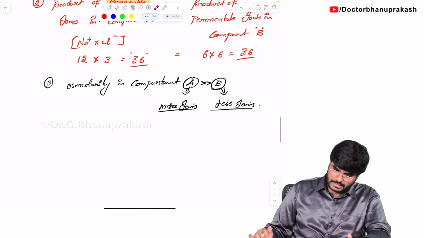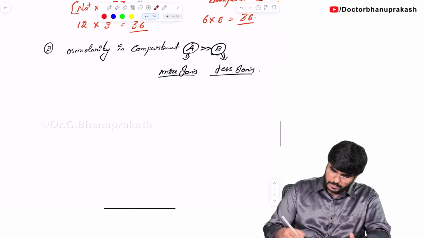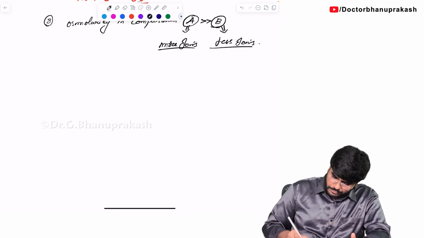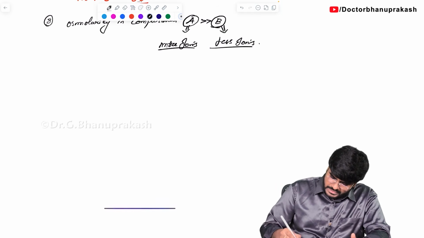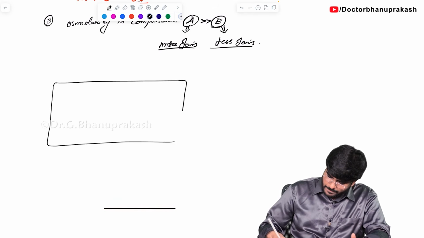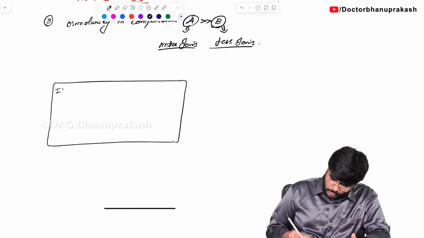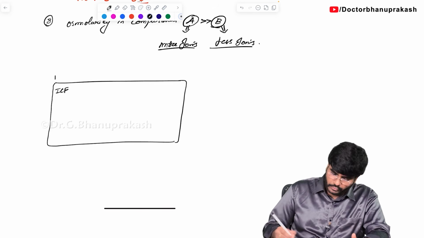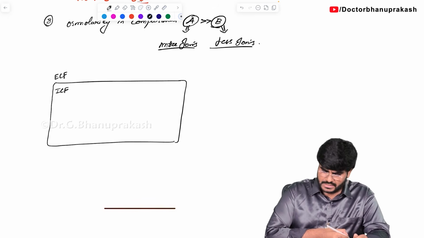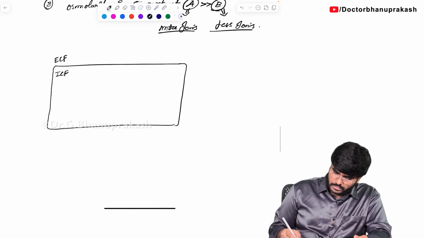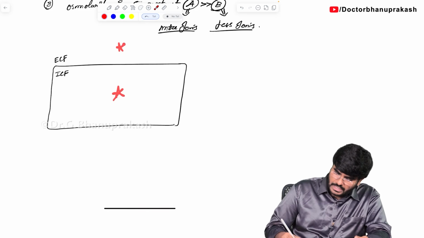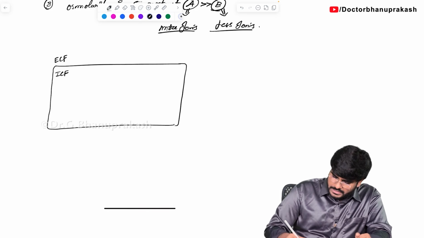Next step. Having said that, now let me explain. You already know this, but let me explain. See, here I am showing you a cell. This is the ICF, intracellular fluid, and outside is the ECF, extracellular fluid. Now, if I take this as one compartment, and the outside is a different compartment, there are 2 compartments.